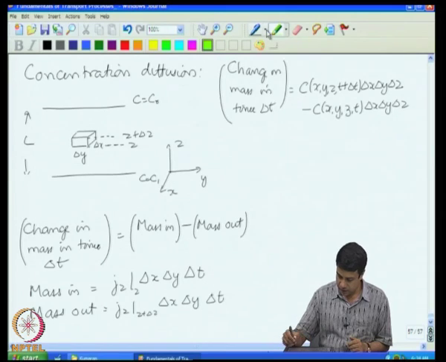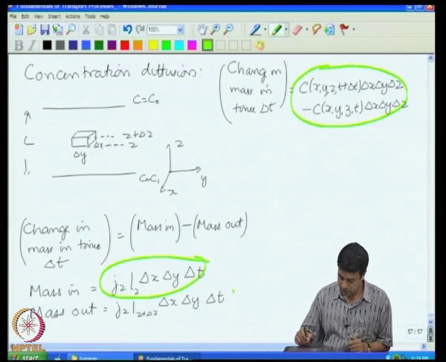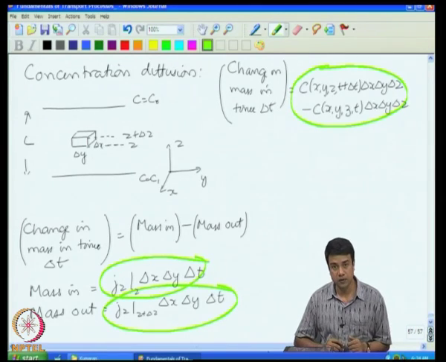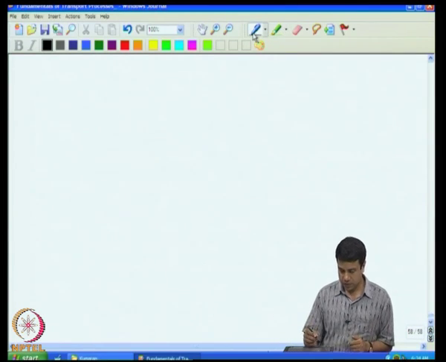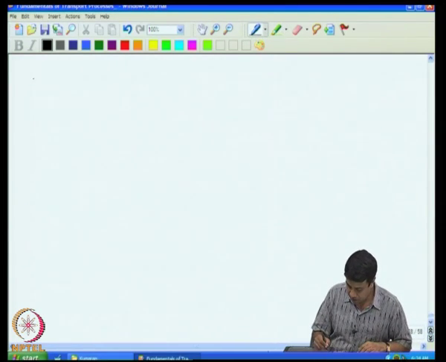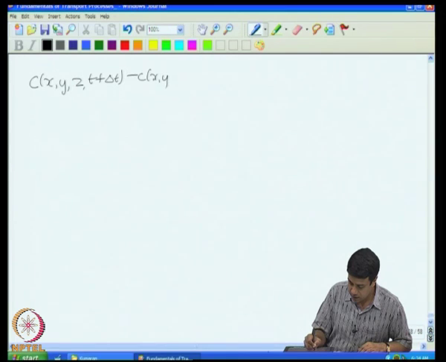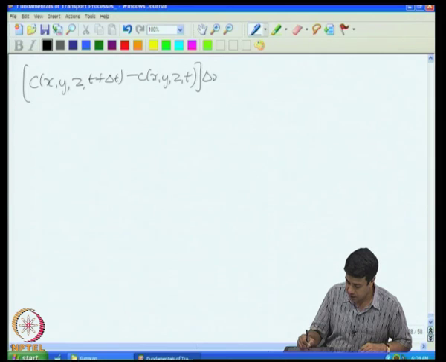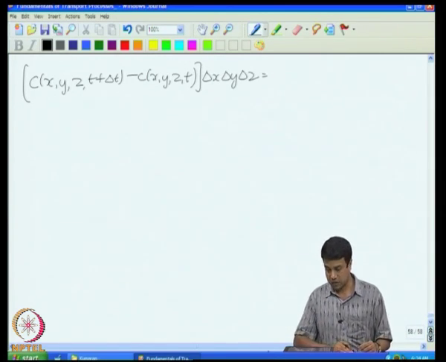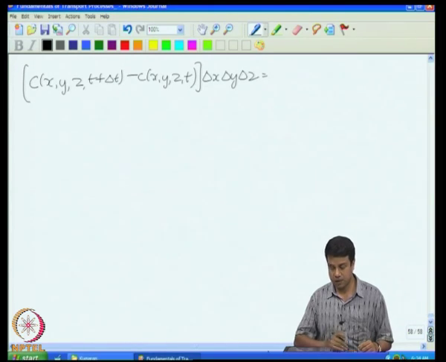So, now I have the three different terms together, mass in and mass out, and I now put all three together to get the conservation equation. So, the conservation equation will be of the form C at x, y, z, t plus delta t minus C at x, y, z, t, into the volume delta x, delta y, delta z is equal to mass in within the time interval delta t.